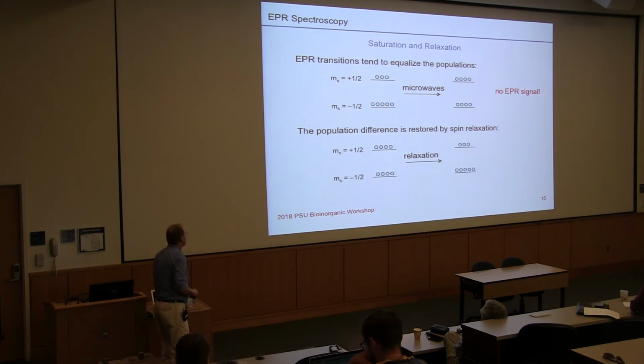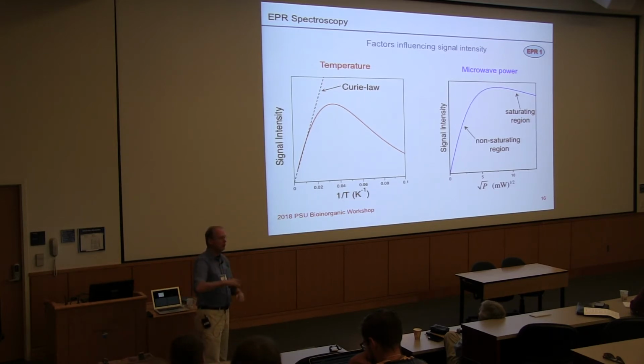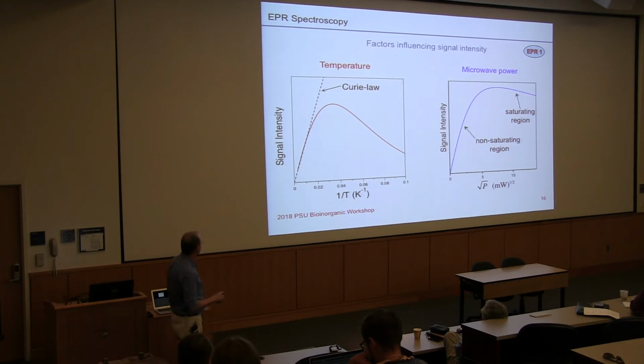Okay, so there are two effects. So one is the temperature, which, if I go to lower temperature, will cause the population difference to be bigger, so my signals will be bigger, and that's always a good thing. Here this is plotted 1 over temperature, right? So moving to the right means the temperature is going down, right?